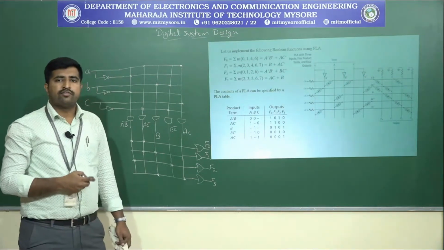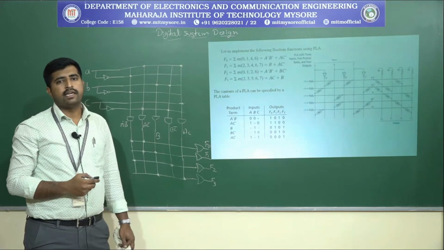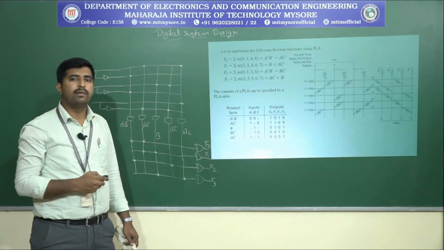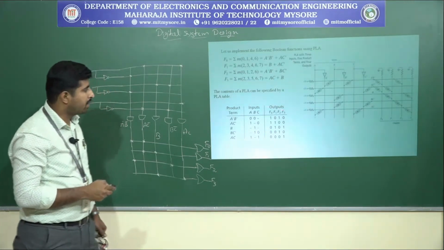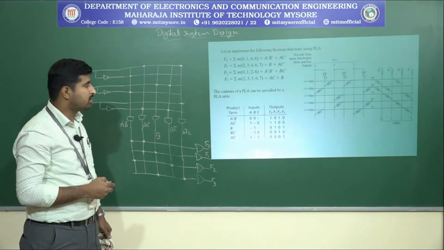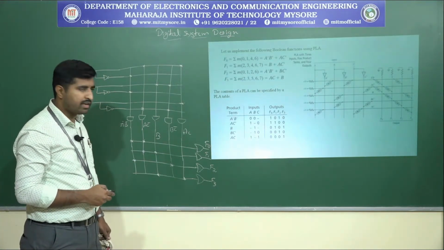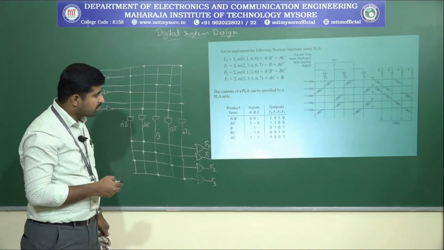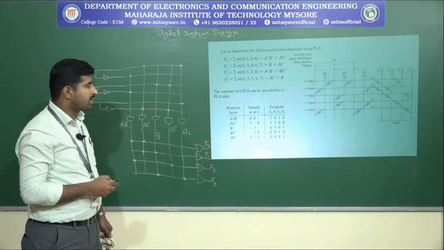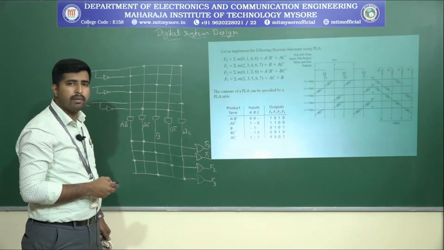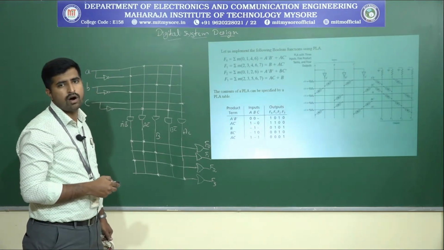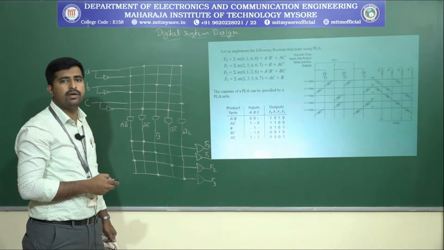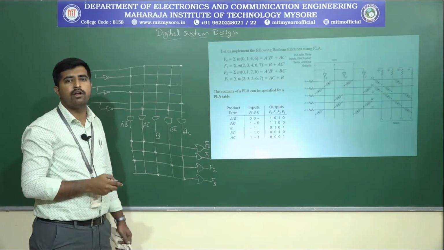The contents of this PLA can be represented in a table, which is called the PLA table. It includes the product terms, input variables, and the output functions. Here the input includes the product terms in complement form, normal form, or dash, meaning whether the variable is included or not.